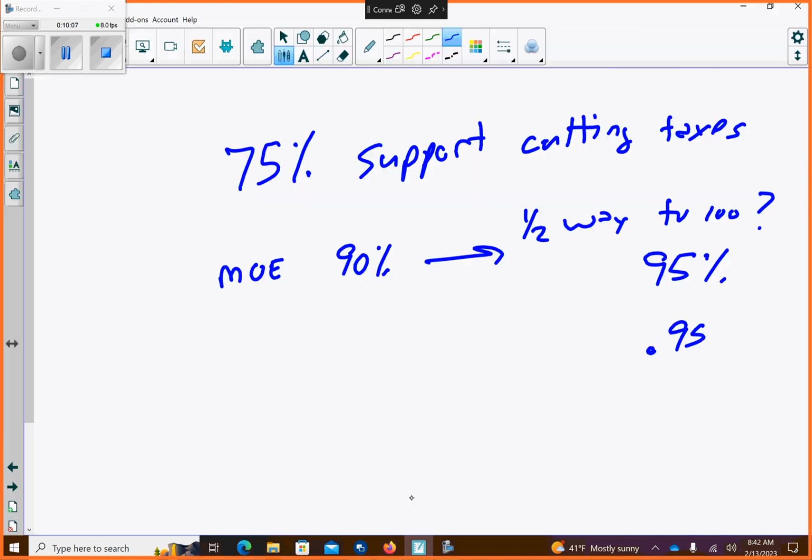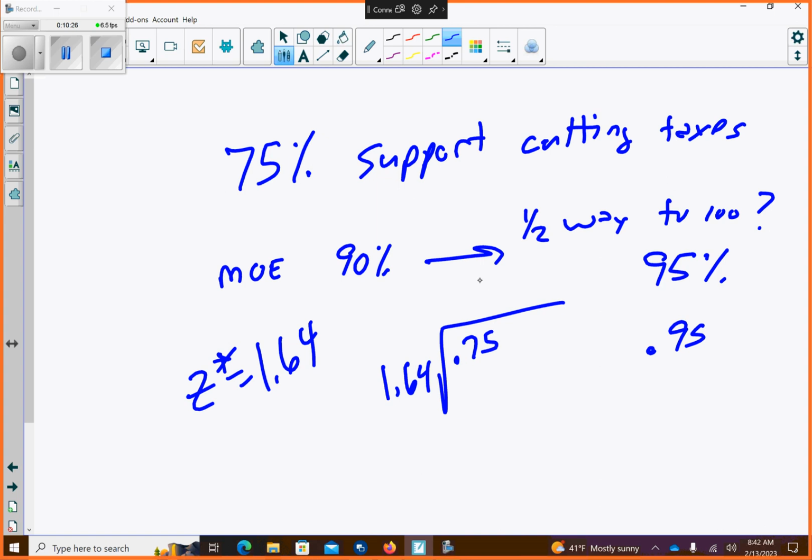Let's go back here. So we're calling our z-score 1.64. And so it'll be the 1.64 times the square root of p, 1 minus p over n, with p being 0.75.